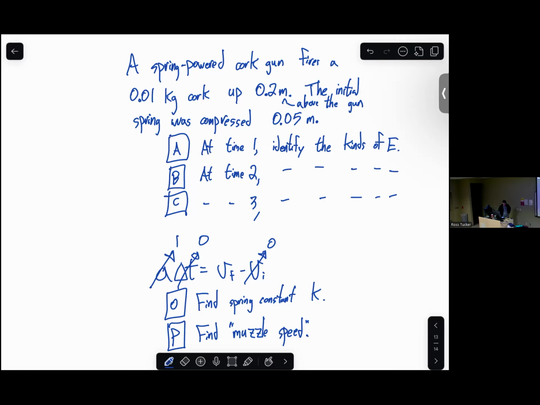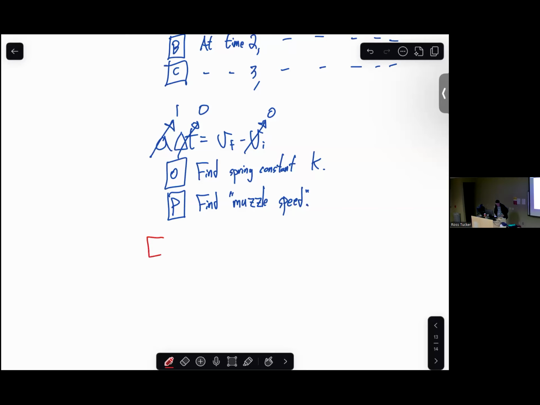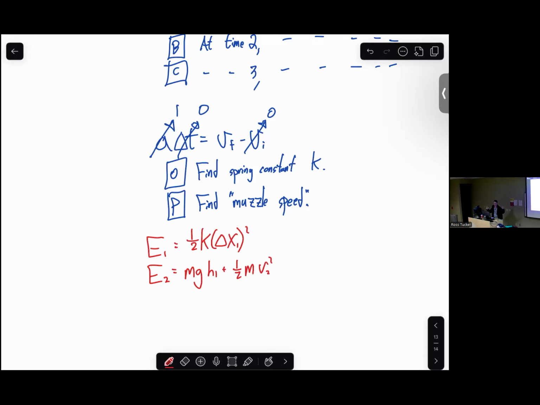And I'm going to call this time. If you know that the initial energy, the energy at time 1, is only spring energy, you can write down that equation. If you know that that energy is the same as a later energy, which is both potential and kinetic, and I'm going to write this as V2 because it's the velocity at time 2, even though it's the only non-zero one.